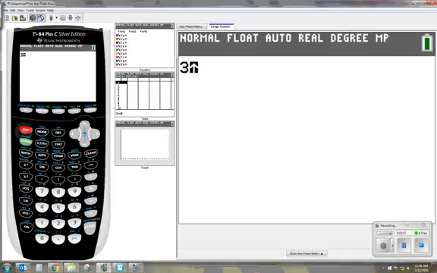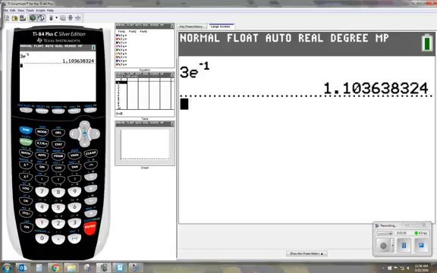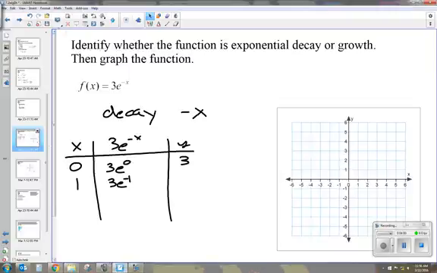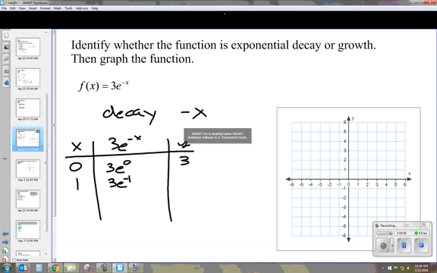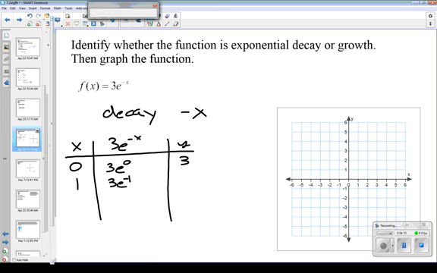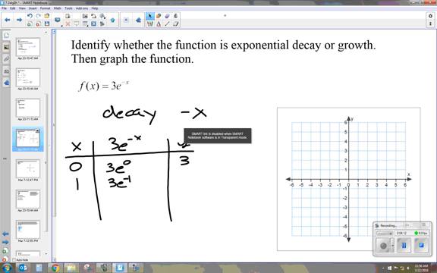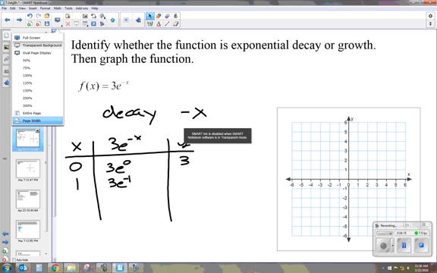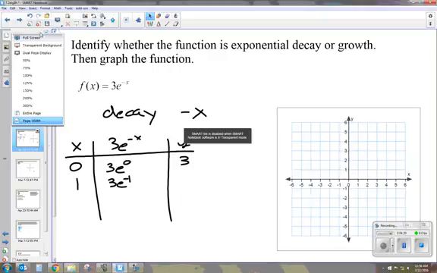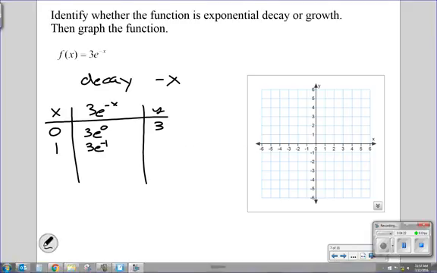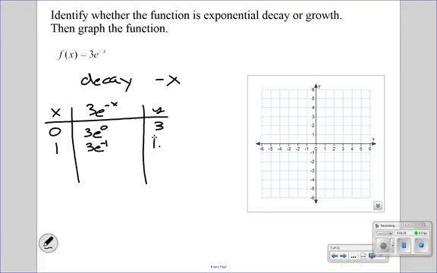Our e button is second ln, so 3 times e to the negative 1 gives us roughly 1.1.